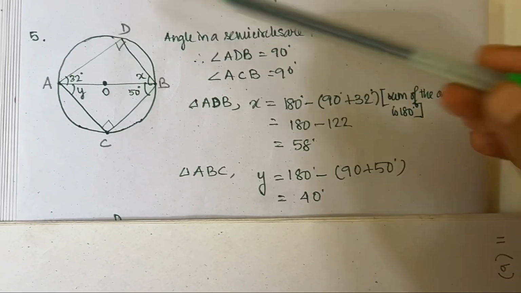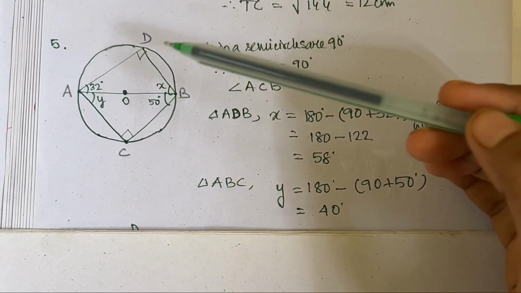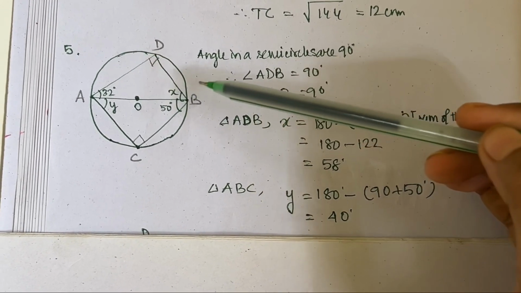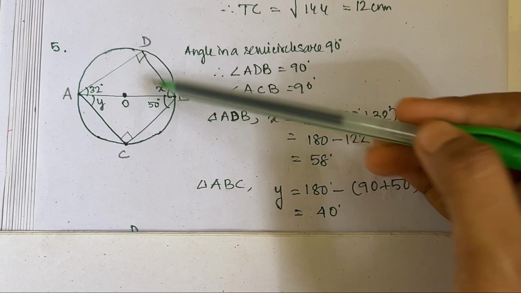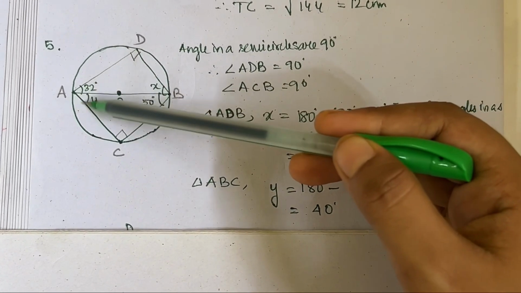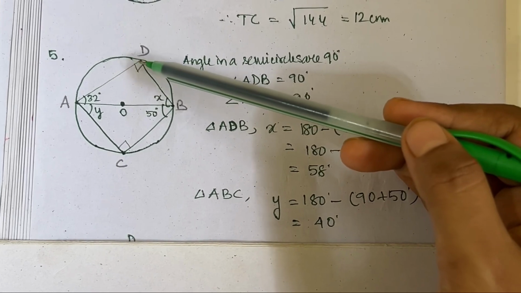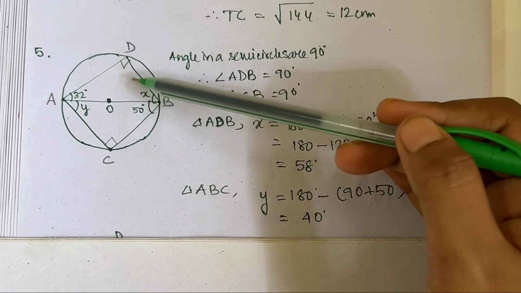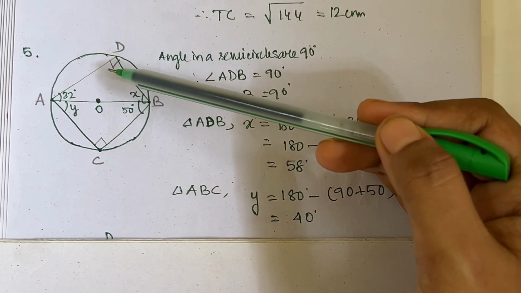As you can see, I have drawn the diagram of 5.1, and I have given angle names. Angle ADB is 90 degree and angle ACB is also 90 degree. So to find the angle X, we know that sum of the angles of a triangle is 180 degree.